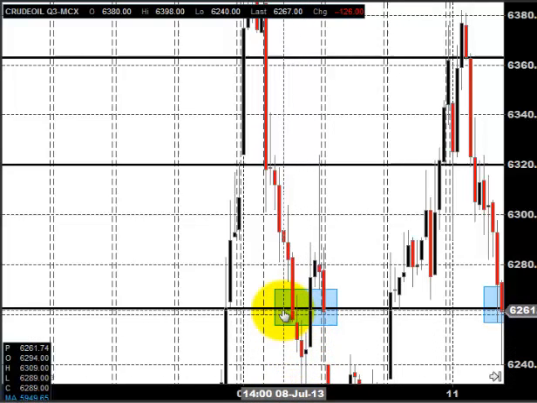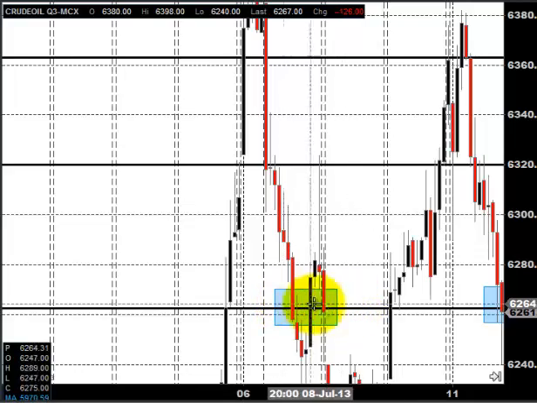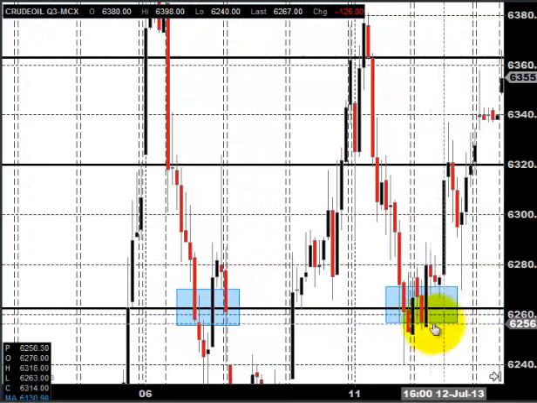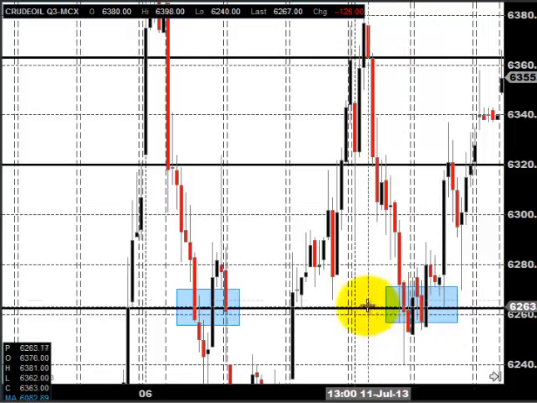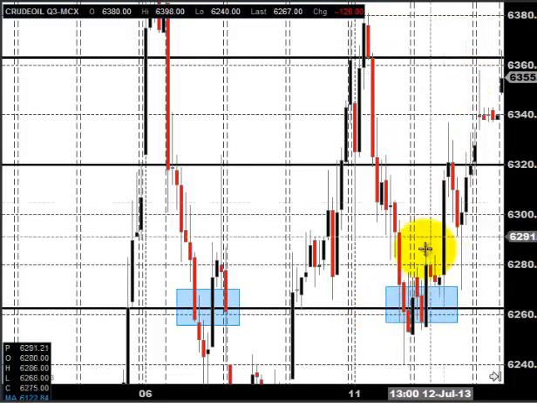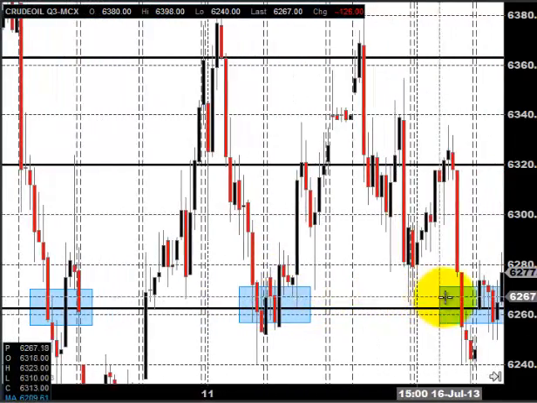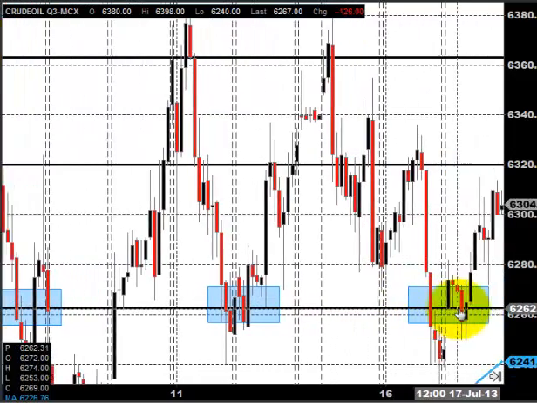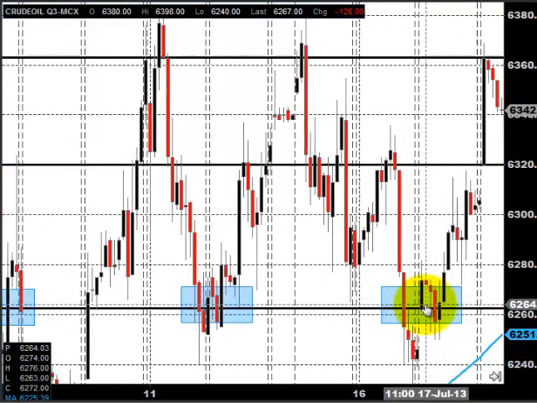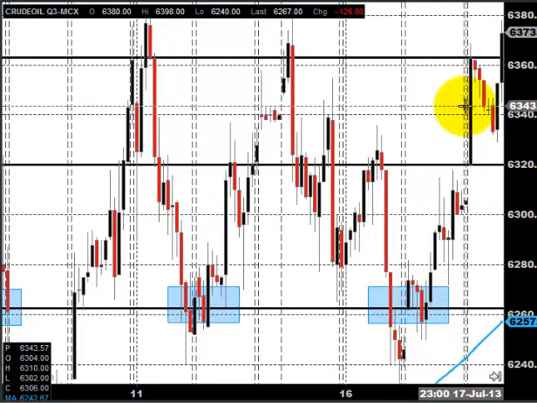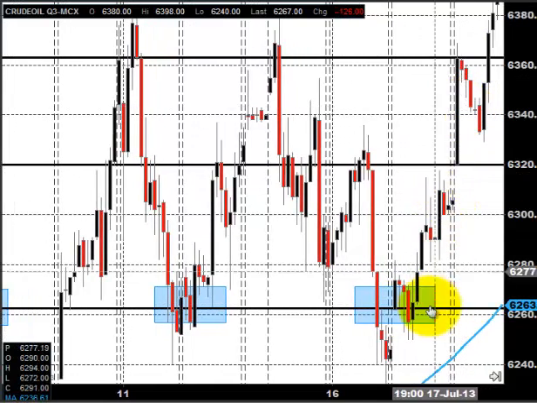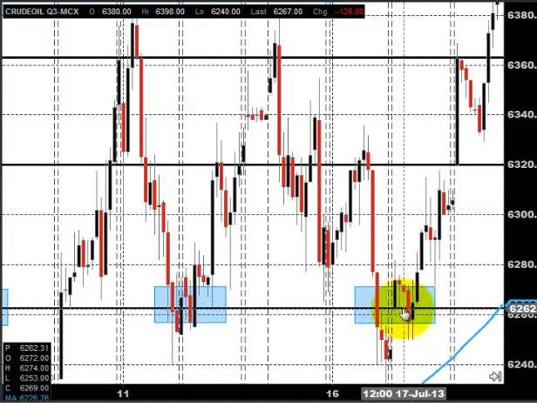On 8th July the price found some support and resistance in this zone. On 12th July the price found some support here and that pushed the price higher. On 16th and 17th of July the market found some support here and that pushed the price higher, and from this particular area the market went to a high of around 6500.